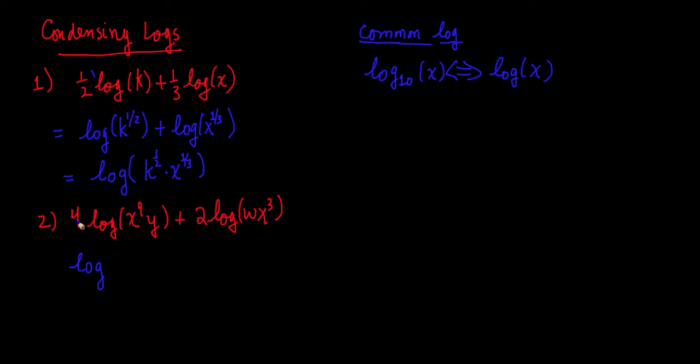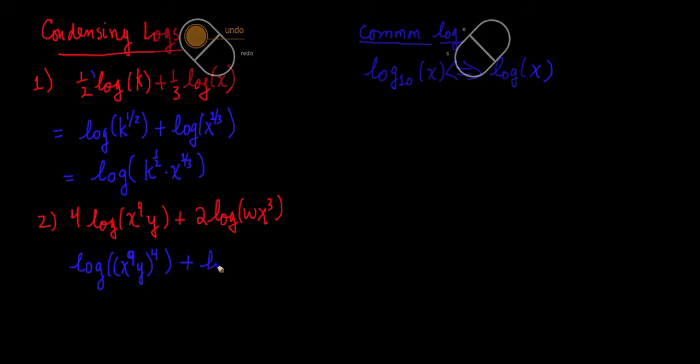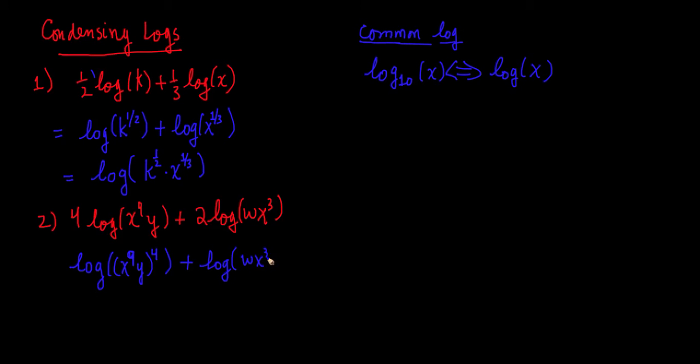And we're going to take this 4 here and apply it to the inside. And we have to apply it to the full quantity of the inside here. Oh, sorry, this should be x to the 9th to the 4th plus 2. Well, we don't need that 2, do we? We can just say log of wx cubed and that entire quantity to the 2nd power. I'm gonna do some simplifying here.